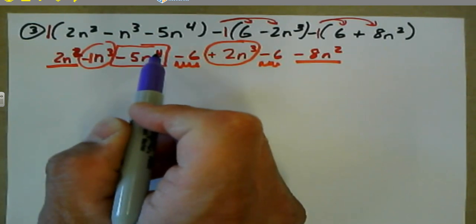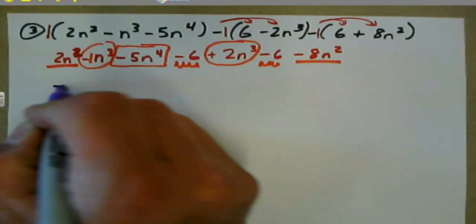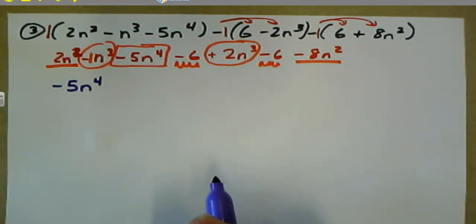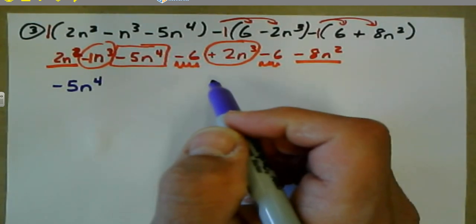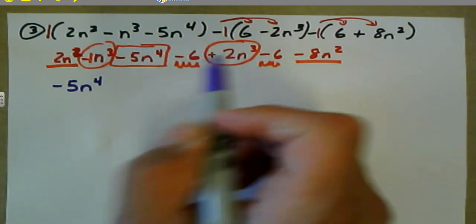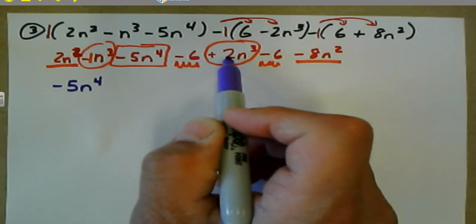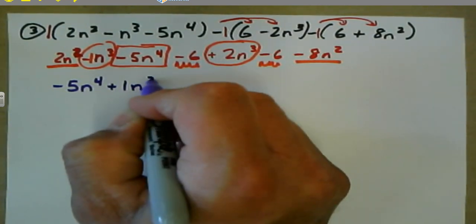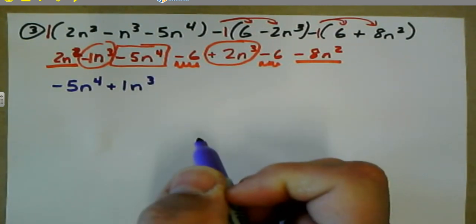5n to the fourth. We don't have another one, so it's just negative 5n to the fourth. We go to the next lowest one. So n to the fourth, we go down, n to the third. Negative 1 plus 2 is 1n to the third. You can drop the 1 if you want.